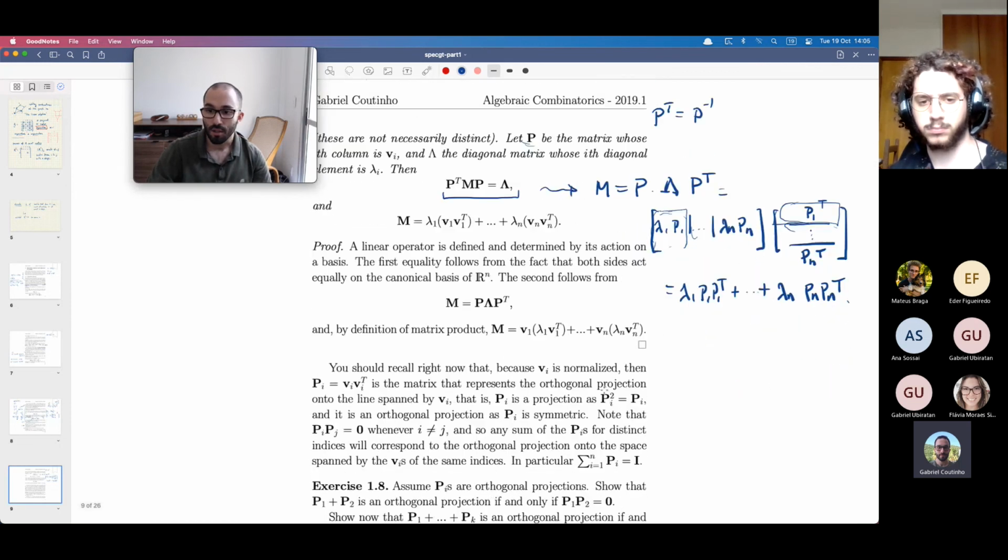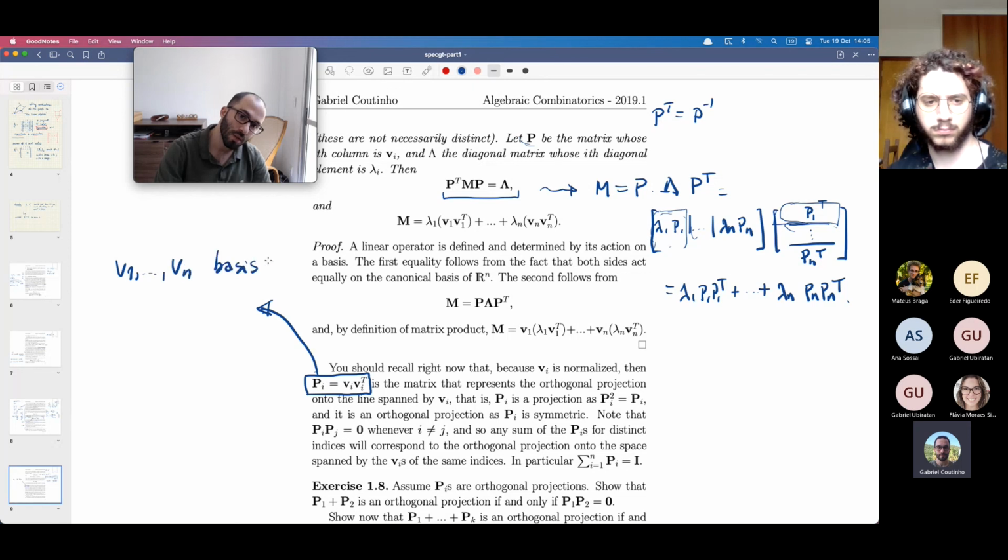And now the interesting thing is these Vi are normalized. This matrix represents the orthogonal projection onto the line spanned by Vi. Why is that true? Well, I have V1 all the way up to Vn, forming a basis of Rn.